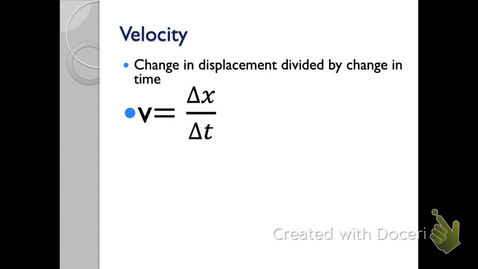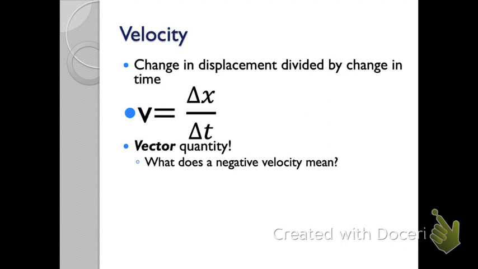Velocity is a vector quantity, which means it has to have what? Magnitude and direction. What would it mean for me to have a negative velocity? I'm going backward, or it could mean I'm going downward.